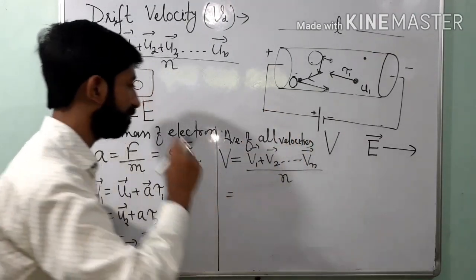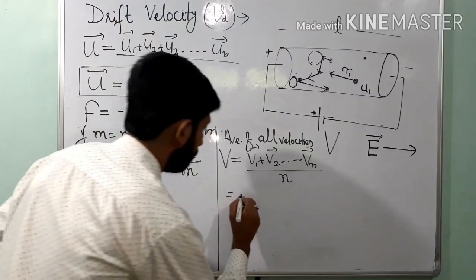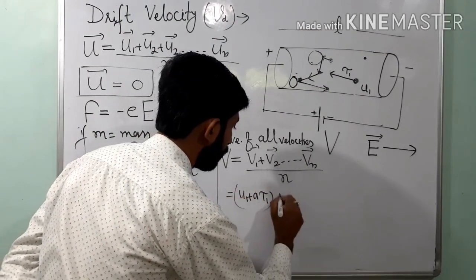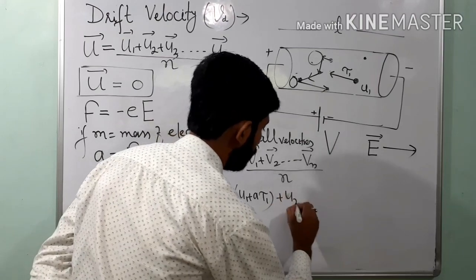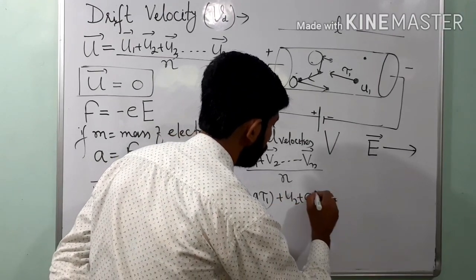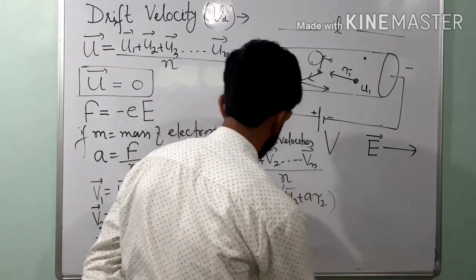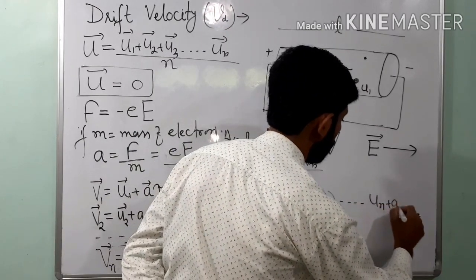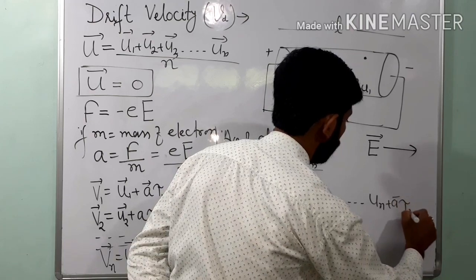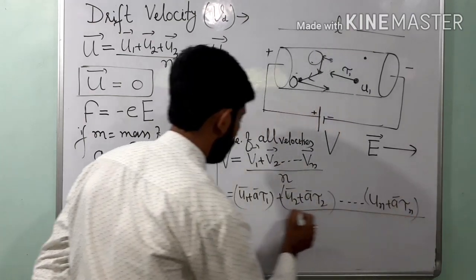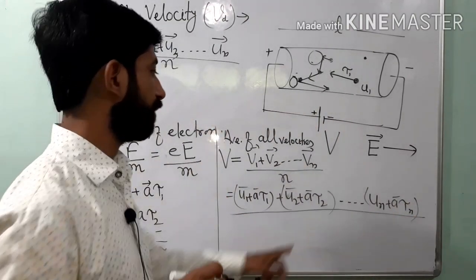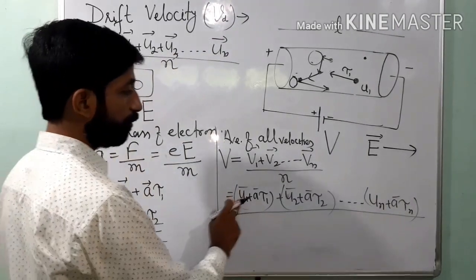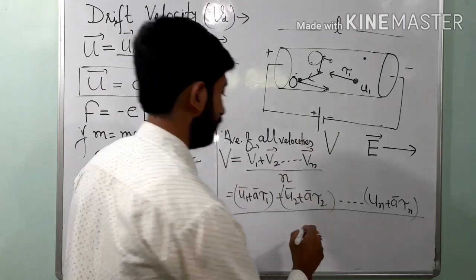So putting their values, we have u1 plus a tau 1 plus u2 plus a tau 2, and so on up to un plus a tau n. Please mind that the acceleration will be common for all electrons, only u and tau will be different.